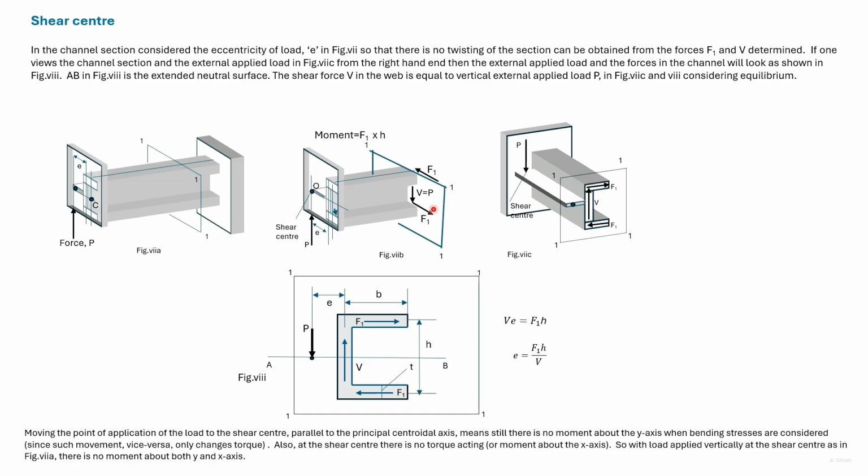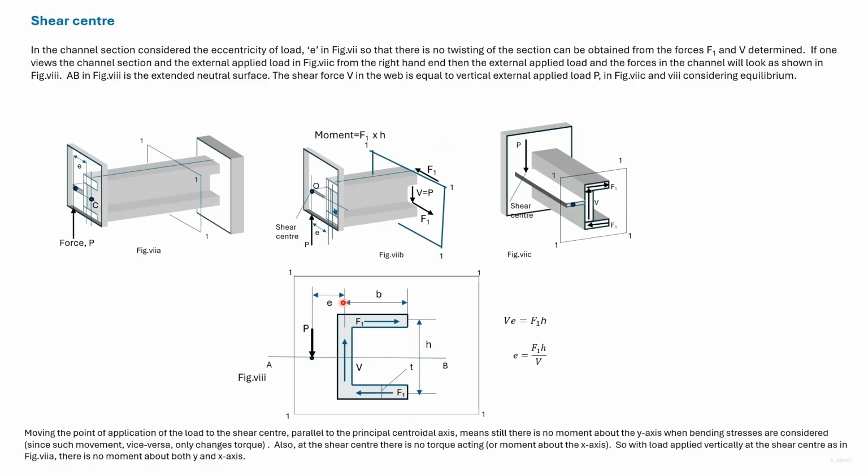So the shear stresses will form these forces on the flange and the force given here on the web. Here the portion to the left of 1,1 is given. In this figure, we have rotated this left portion and we are viewing it from the section 1,1. This is the view that we get.